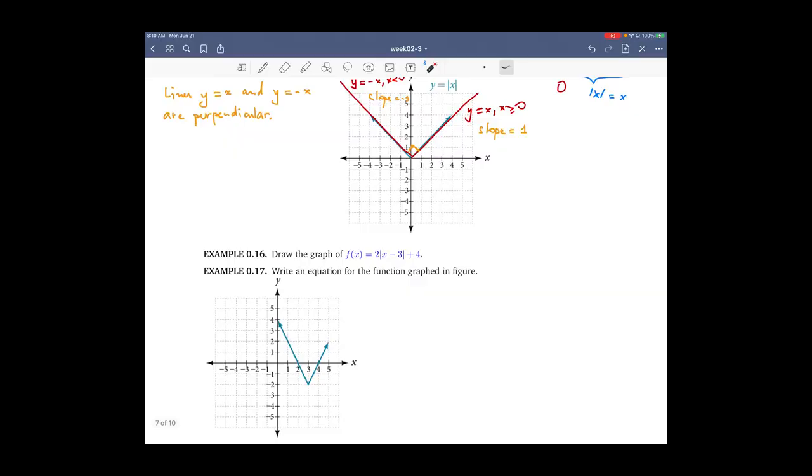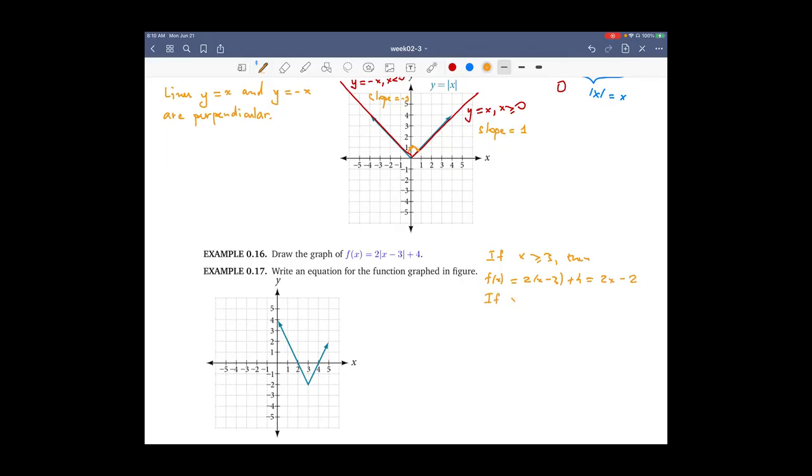All we need to do is just recall that if x is greater or equal than 3, we have f equal to 2 times x minus 3 plus 4, which is the straight line 2x minus 6 plus 4, which is 2x minus 2.